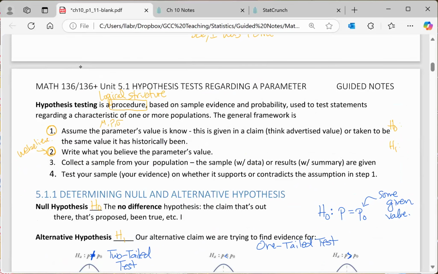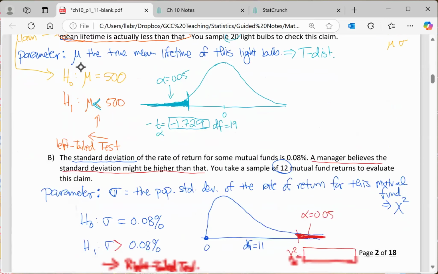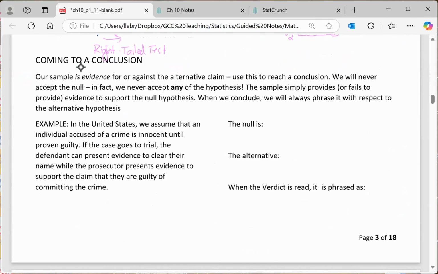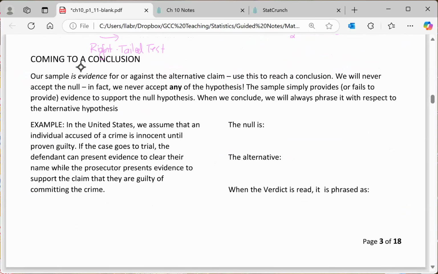But then you need to determine: does your sample support or contradict the assumptions in steps 1 and 2? The language that is used is very precise, and it means something, so let me take some time to practice the language.